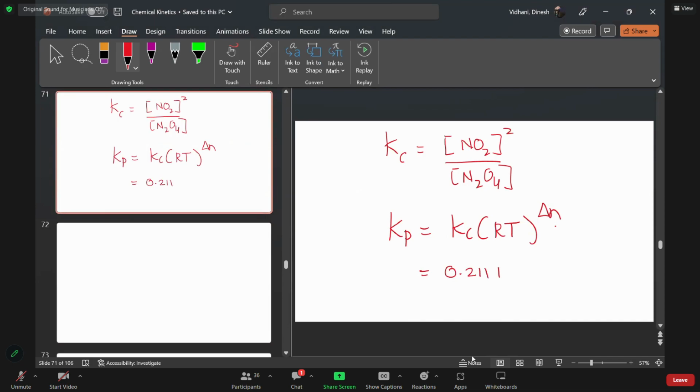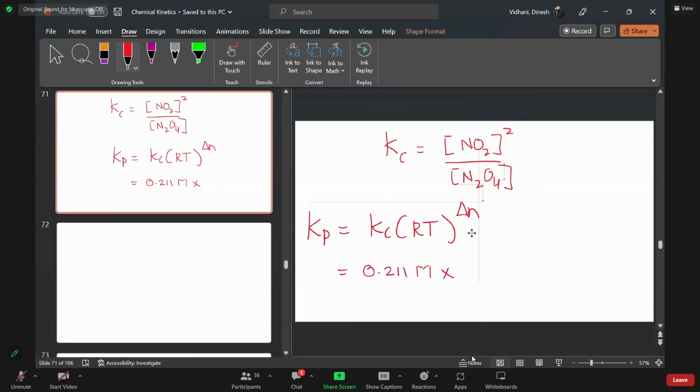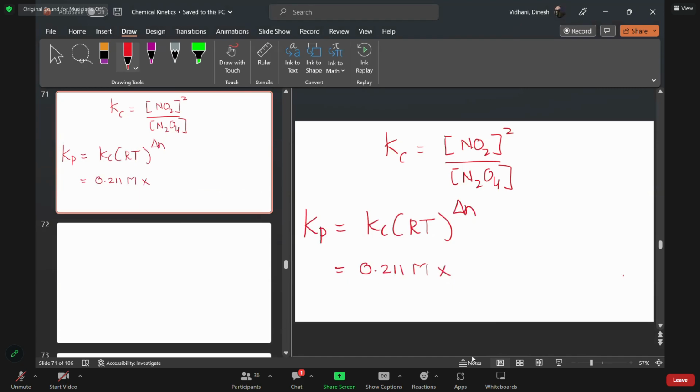0.211, and this is per molar, multiplied by, I'll just move everything to the right side or left side so I have enough space to write. And then R is 0.082 liters atmospheres per mole per Kelvin multiplied by temperature. See, the temperature in this case is 100 degrees centigrade, so 373 Kelvins. So Kelvin and Kelvin will cancel out. And look at this one.